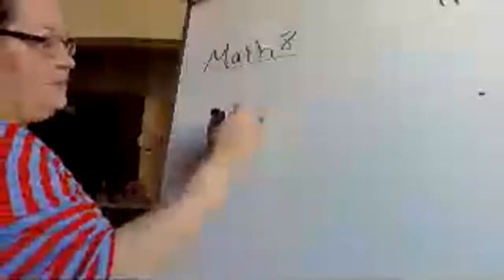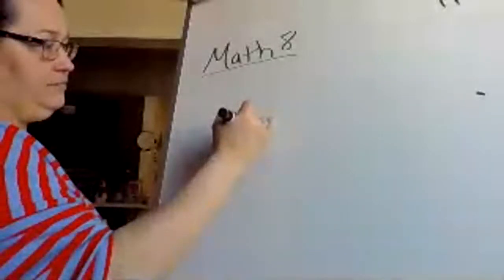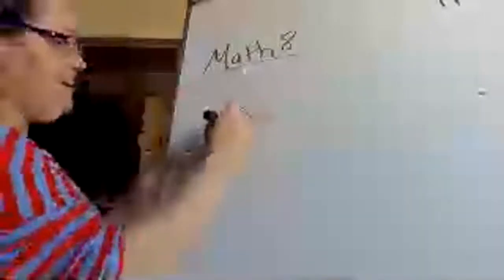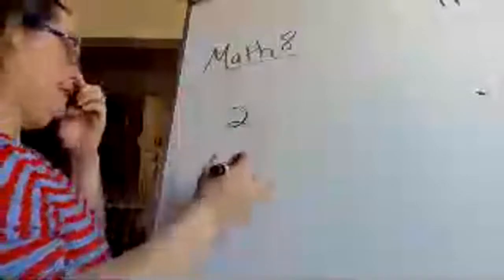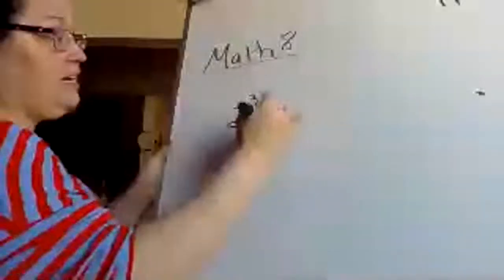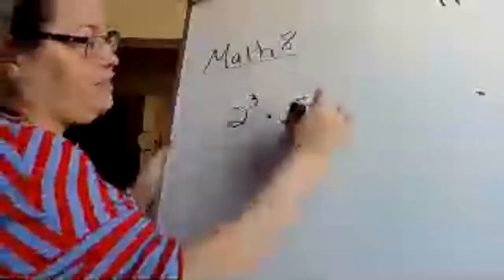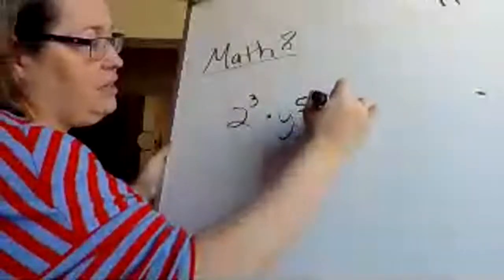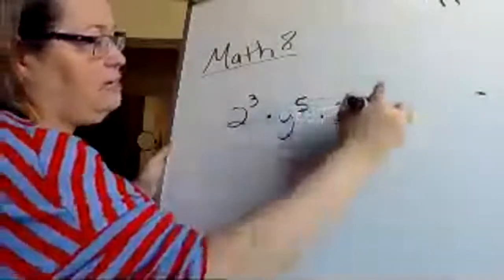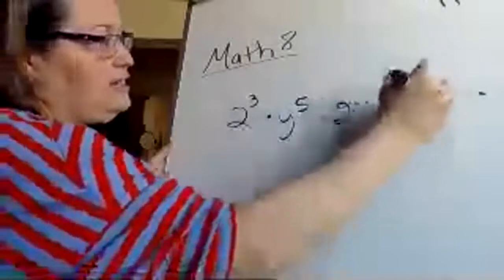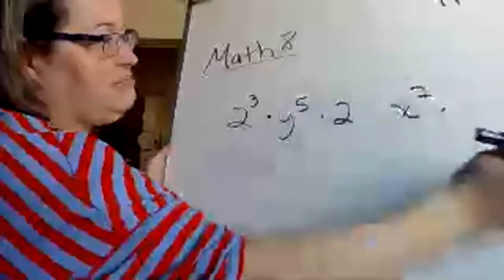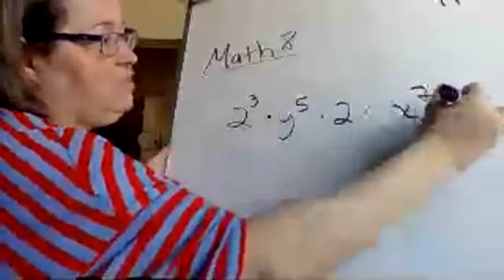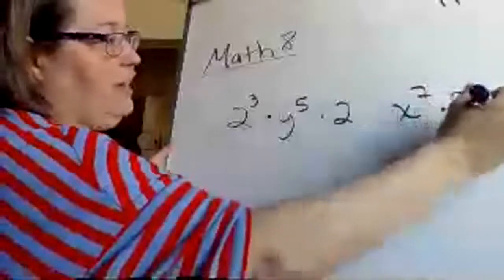So if I have, I don't know, let's see. Don't pick 6, Kimberly. Yes, my name's Kimberly, just so you know. 2 to the third times y to the fifth times 2 times x to the seventh times 3x.